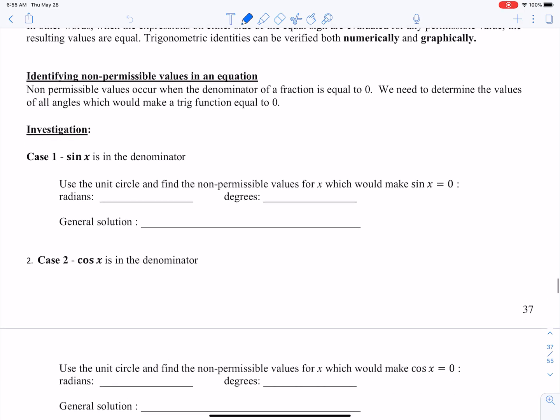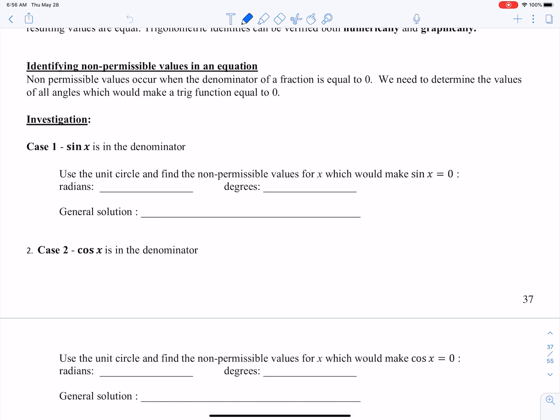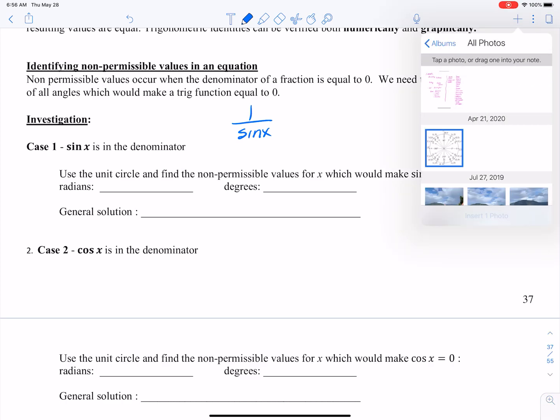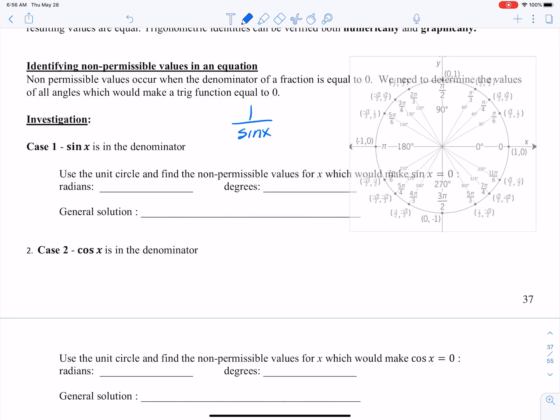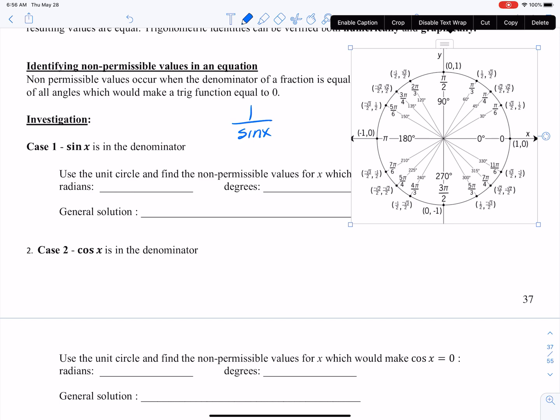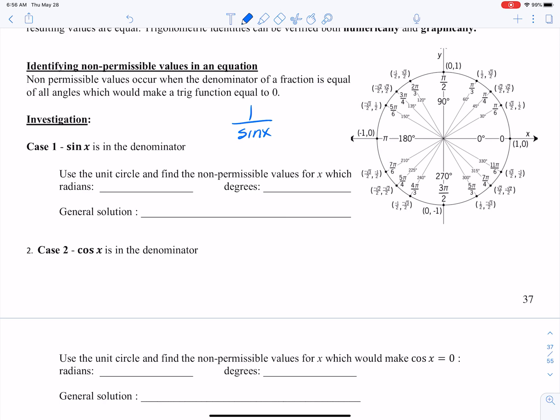So let's take a little deeper look into what non-permissible values are. So case 1, and that's the one I just talked about, where sine of x ends up in the denominator somewhere. On the unit circle, we determined that sine x is equal to 0 both here and here.